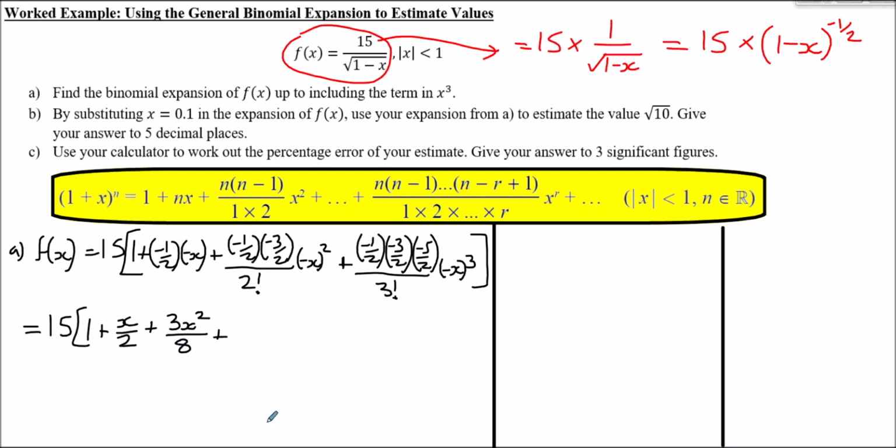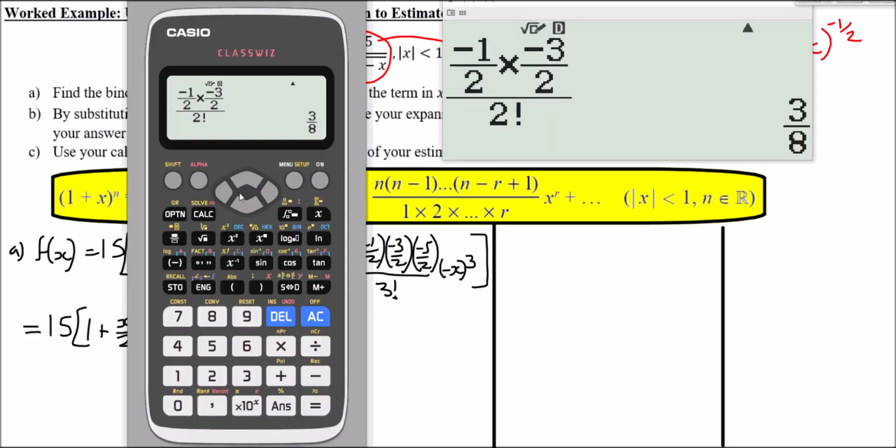And the last one, we're times it by another minus 5/2 at the end. Now divided by 3 factorial, so I'll edit that to a 3. And again, this will pop out as a positive value because minus x times minus x times minus x gives minus x cubed. That times another minus gives us a plus.